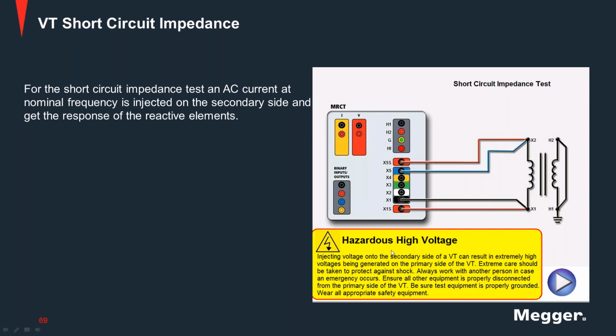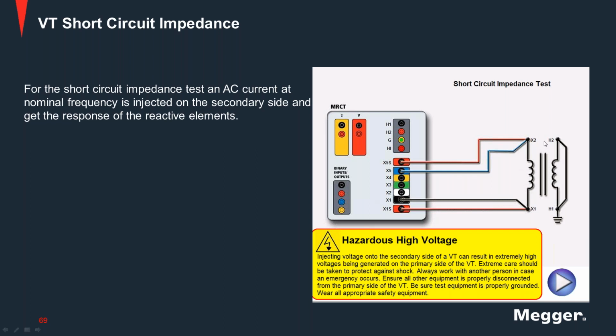We have this hazardous high voltage because we are injecting on the secondary, so technically we are doing a step up test. But with the short circuit impedance, we short the primary winding like this and we ground it, so it's still safe, and we are just getting the response of the reactive elements.